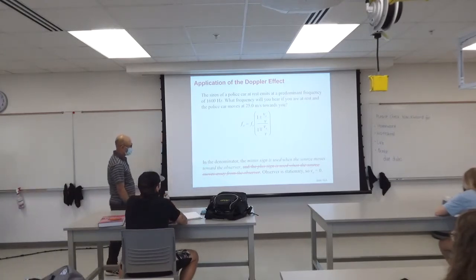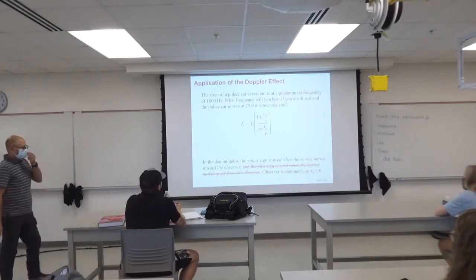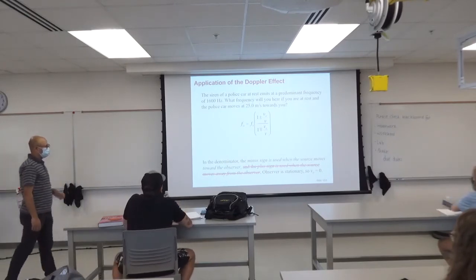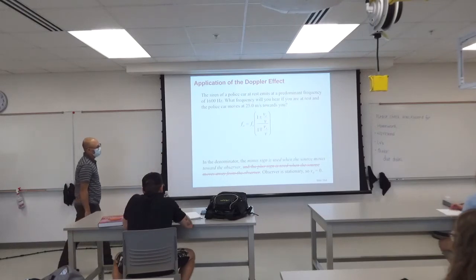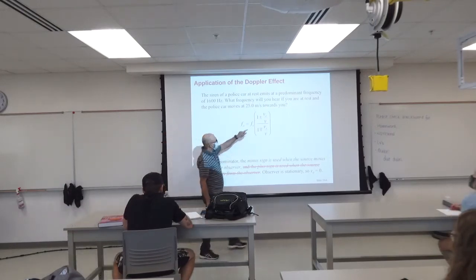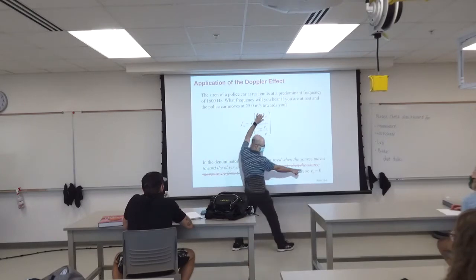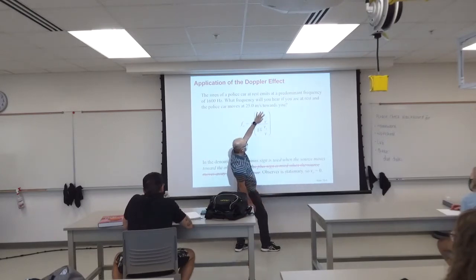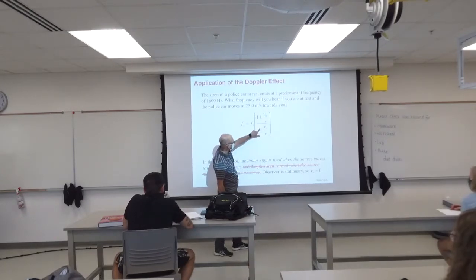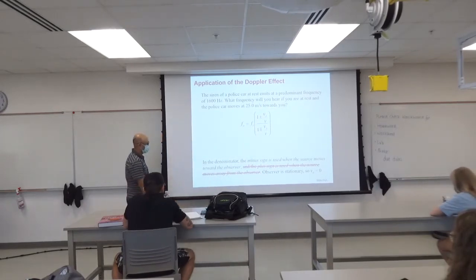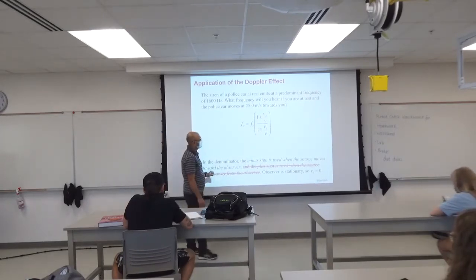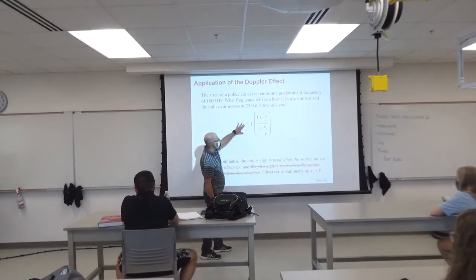So we need to choose the minus sign in the denominator because the source is moving towards the observer. This term will be 0 because the observer is at rest. And then this is what we need to find.